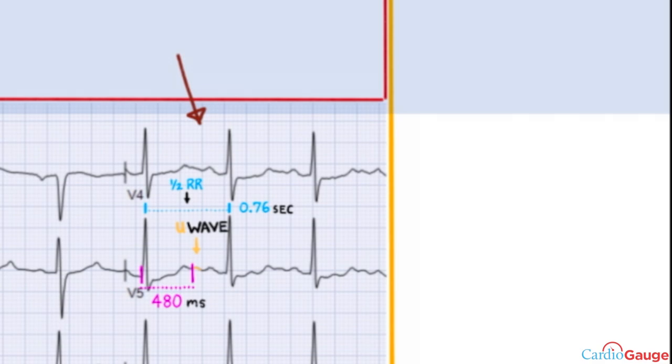Let's look here. So we've got that QRS, this one. The RR interval is the distance between any two corresponding parts of the QRS. So between here and here is 19 little boxes times 0.04 equals 0.76 seconds.